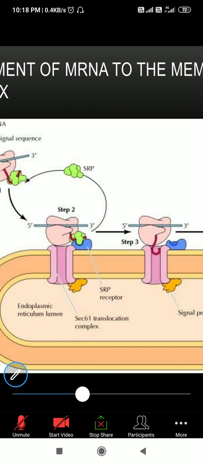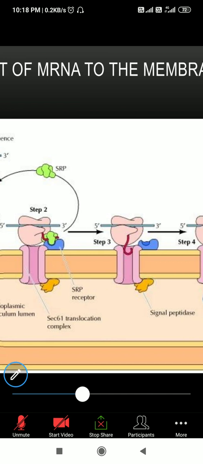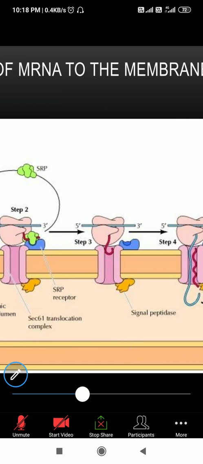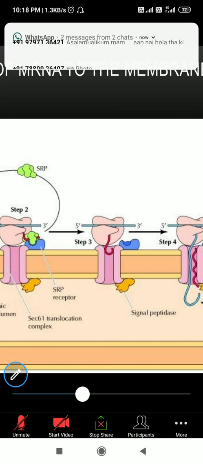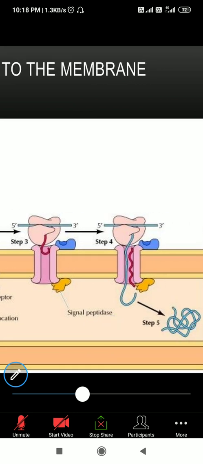The ribosome on the SEC61 translocation complex resumes translation and allows the insertion of the growing polypeptide chain into the lumen of the endoplasmic reticulum. First there is the insertion of the signal sequence into this channel. As translocation proceeds, the signal sequence is cleaved by the signal peptidase, which is present on this channel at its inner side.